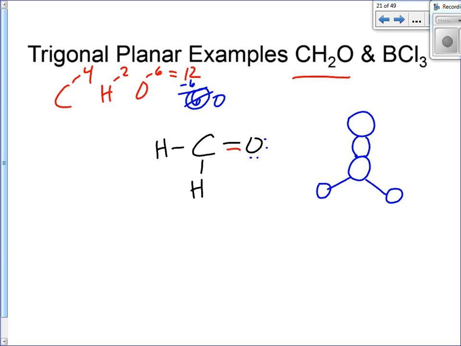But yes, the oxygen would be larger than the carbon, and now generally, trigonal planar angles are usually 120 degrees. Usually.